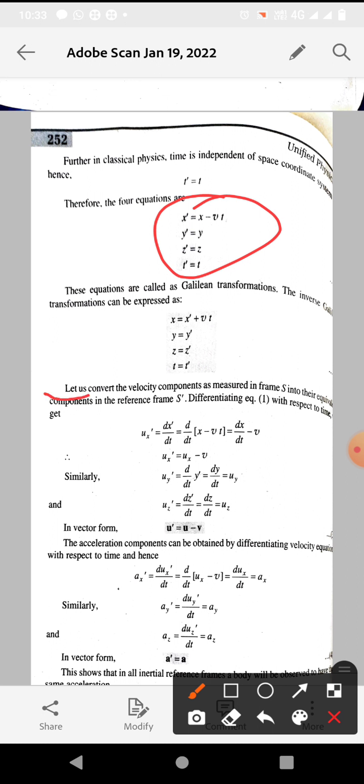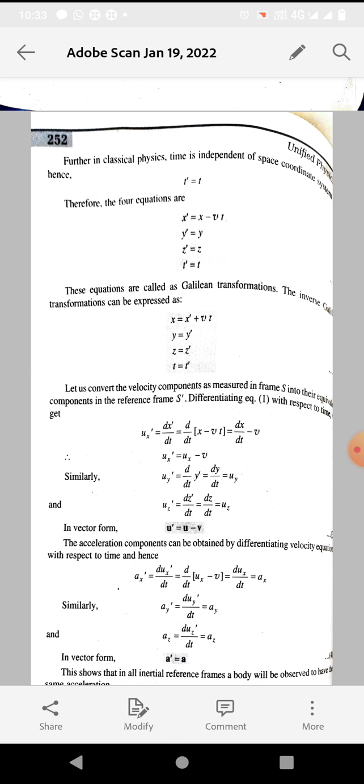Sometimes they ask for the inverse transformations. That means we write the S coordinates on the left-hand side and the S dash coordinates on the right-hand side. So x is equal to x dash plus vt, y is equal to y dash, z is equal to z dash, t is equal to t dash. These are the inverse.